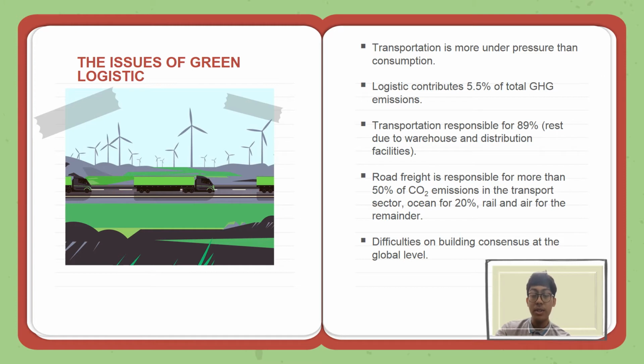Transportation is responsible for 89%, the rest is due to warehouse and distribution facilities. The next one is that road freight is responsible for more than 50% of carbon dioxide emissions in the transport sector, ocean for 20%, rail and air for the remainder. The difficulties are in building consensus at the global level. Thank you.